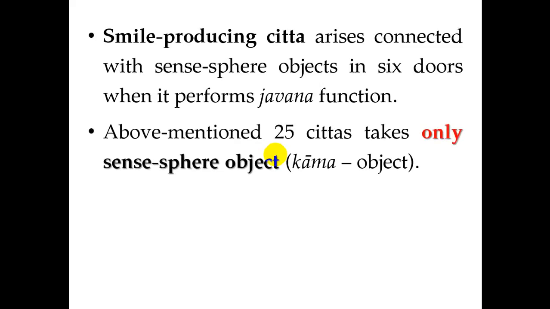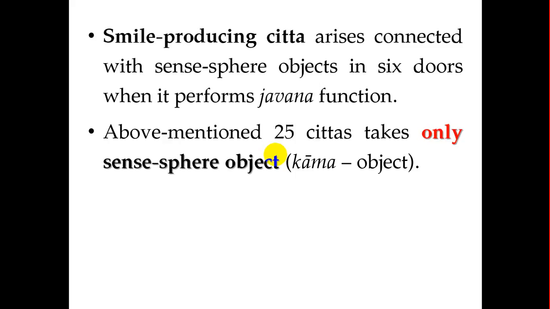Therefore, the above mentioned 25 Cittas take only sense sphere objects, kamarammana, right? As you all know, the 2 types of eye consciousness arise based on an object that we see. In the same way, ear consciousness, nose consciousness, tongue consciousness, and body consciousness.